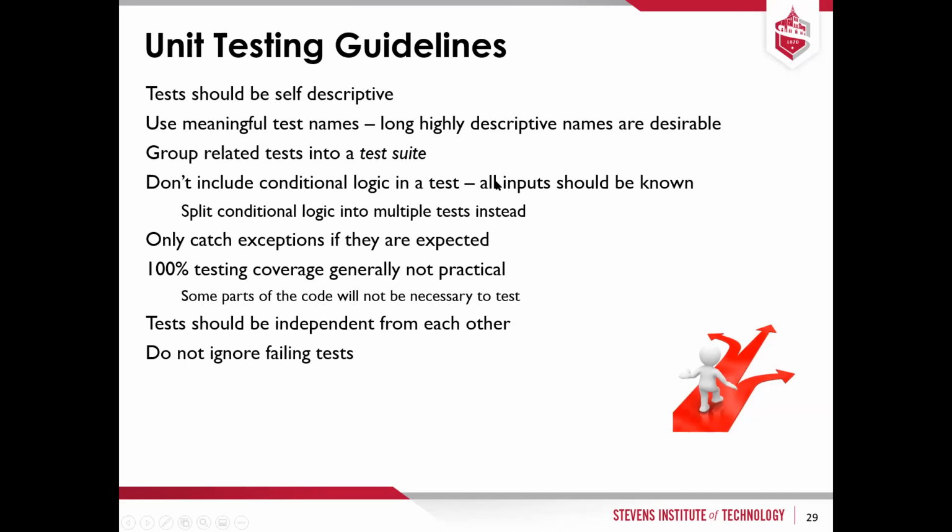We don't include conditional logic in a test. The conditional logic and stuff goes through the development. The test is only going through the path and seeing if the result is what we expect to see. We only catch exceptions if they are expected. If we do not expect to see something and it just happened, that's a failure in the test.